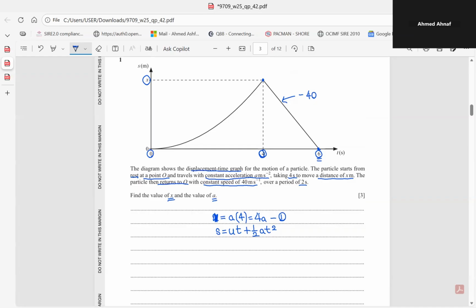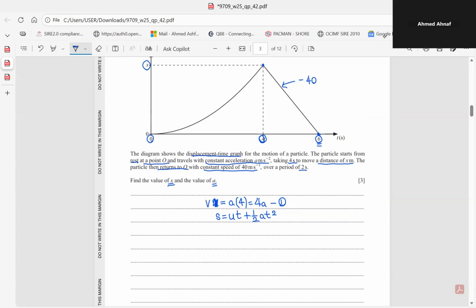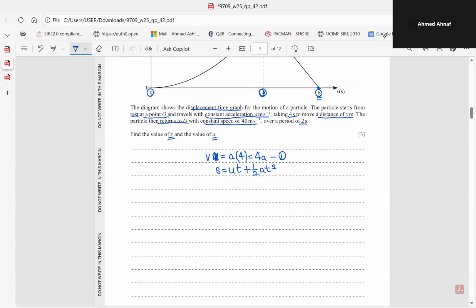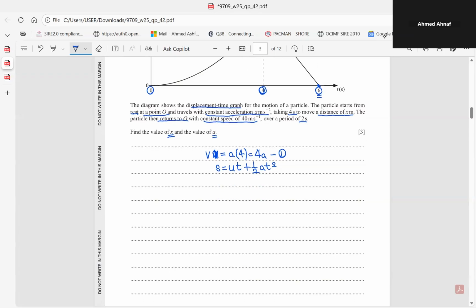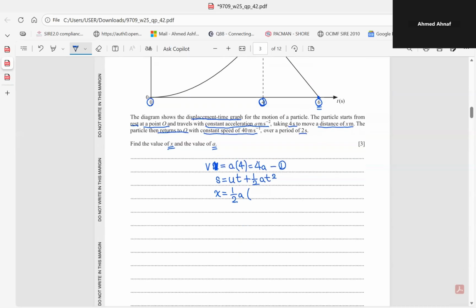For the first equation, this is actually the final speed, v. Okay. So now here s is going to be x, and u is 0. So we have half a t squared. So t is 4 squared, so 16 over 2. That's 8a. So this is equation number 2.